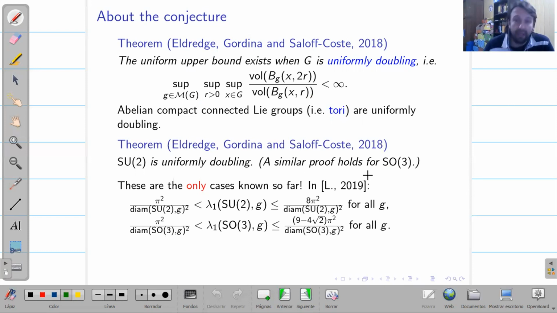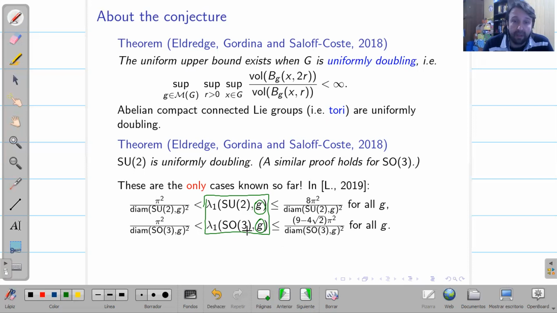And I was able to show, in a paper published in 2019, an explicit expression for these numbers in terms of some metric eigenvalues that I will explain later, some numbers associated to the metric.